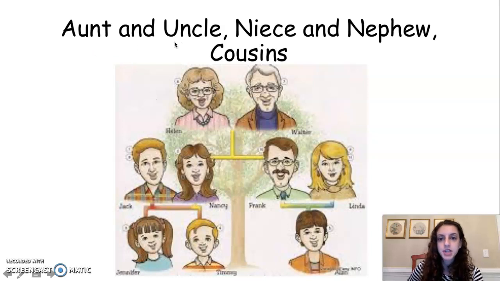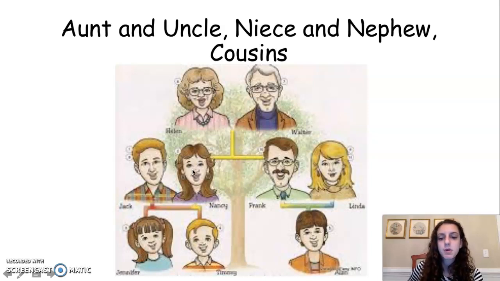Aunt and uncle, niece and nephew, cousins. So I will talk about what each of these words mean. So two people, Helen and Walter, have children, Nancy and Frank.